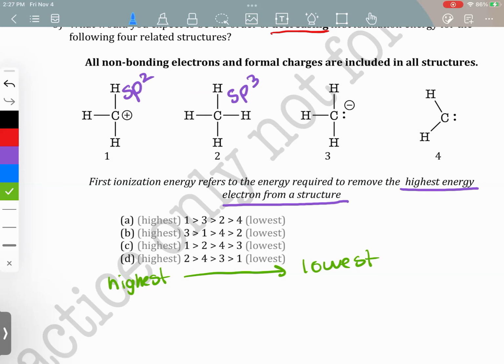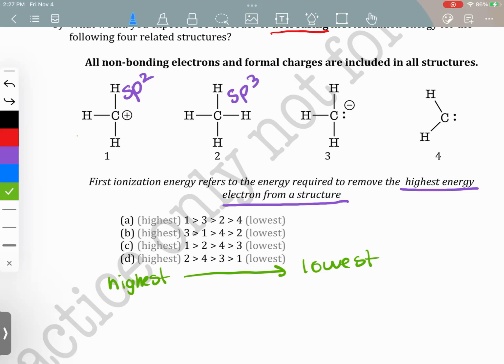Wait, could you ask it one more time? Yeah, so 1 is sp2, 2 is sp3. Yep. sp2 is more stable and lower in energy than an sp3 hybridized orbital. So what kind of energy would it take to take away electrons from the sp2 carbon here? A higher or a lower?